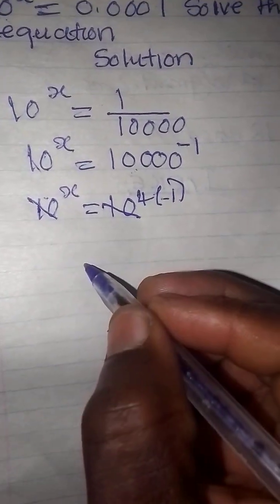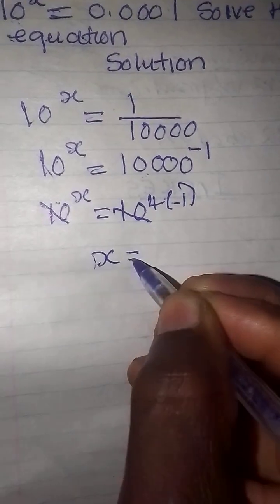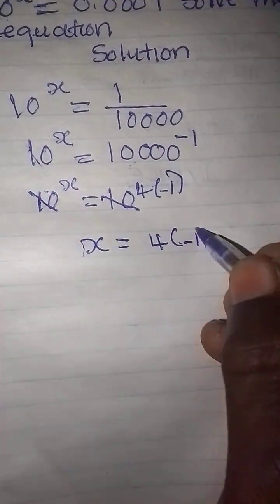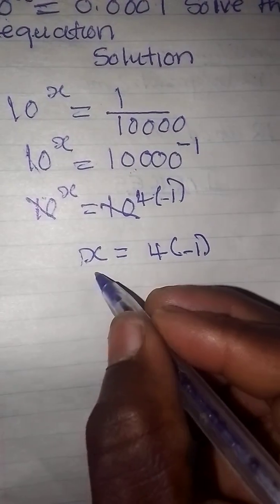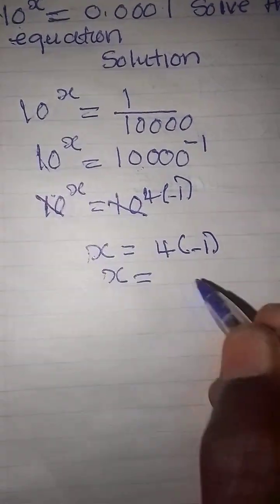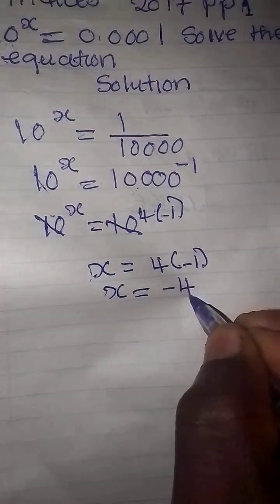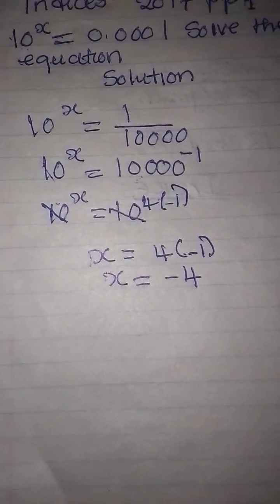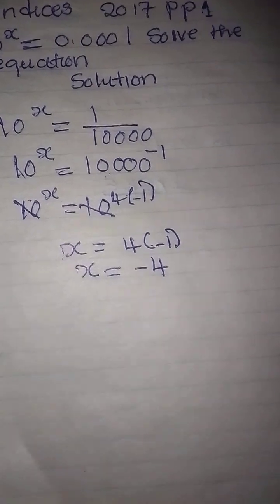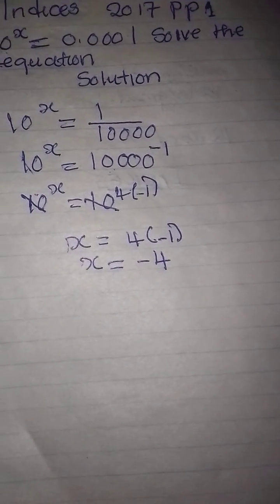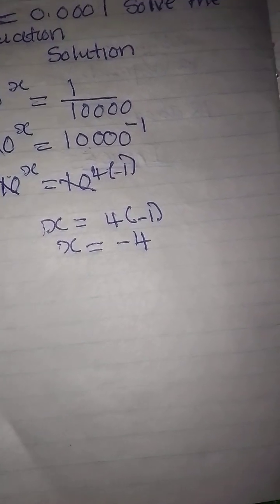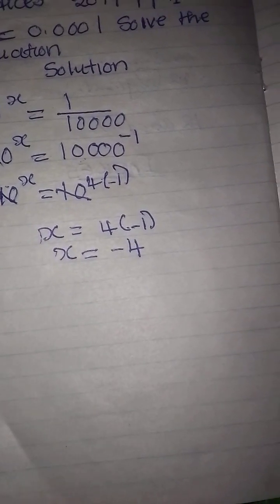So you only remain with x equal to 4 outside, then -1 in the bracket, which simply gives us the final answer of -4, because when you say -1 times +4, it gives us -4, because different signs give us negative.